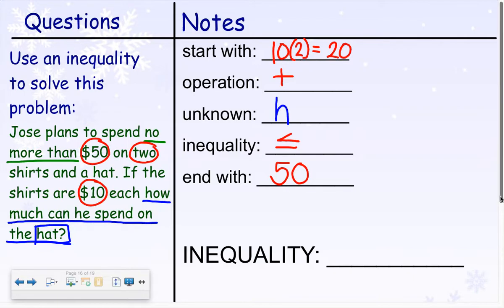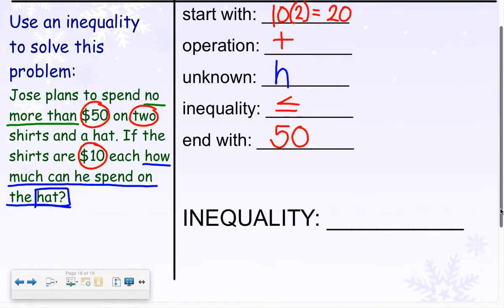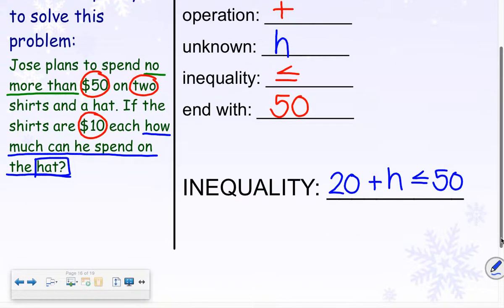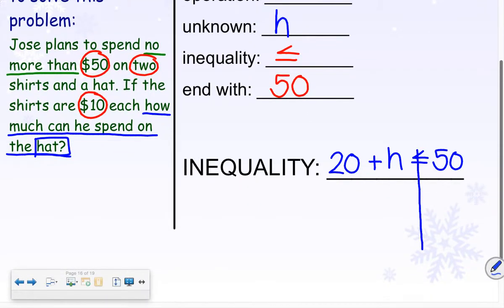Now we can write this inequality pretty easily. So we have $20 for the 2 shirts plus the price of the hat has to be less than or equal to 50. So if I draw train tracks and subtract 20 on both sides, I have H is less than or equal to 30.